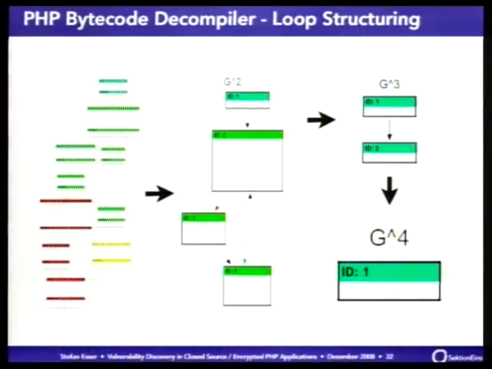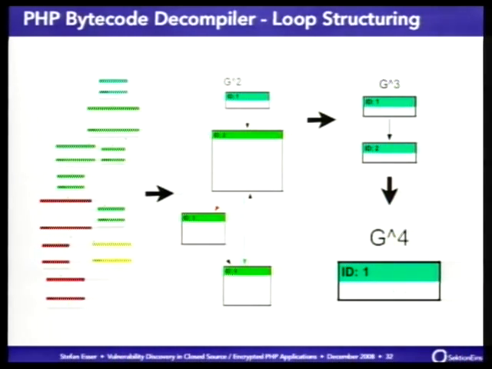In G2 you see that every one of the 4 intervals of the first graph is collapsed into a single node, and the edges between the intervals are now the edges between the nodes of the second graph. And you do the same again.